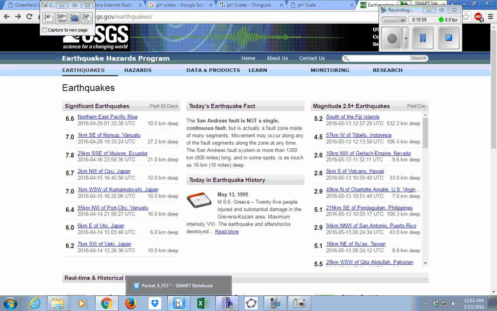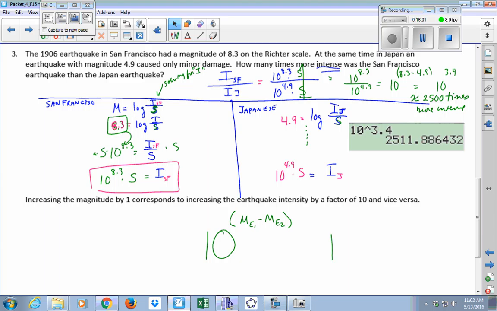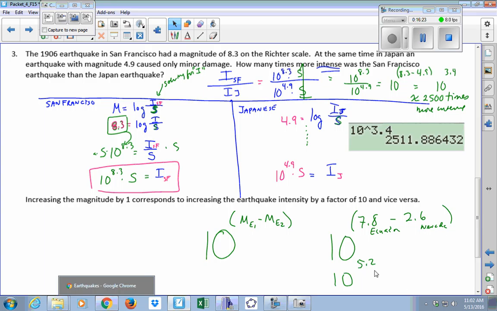So we have 10 to the 7.8, this is Ecuador, minus 2.6, this is Nevada. So that's 10 to the what? 5.2. 10 to the fifth is 100,000, so this is a major difference in terms of intensity.